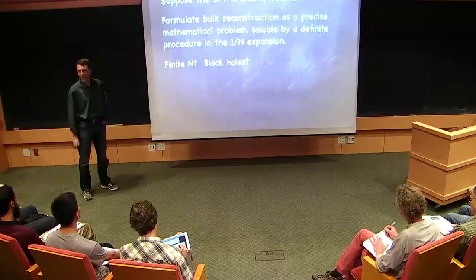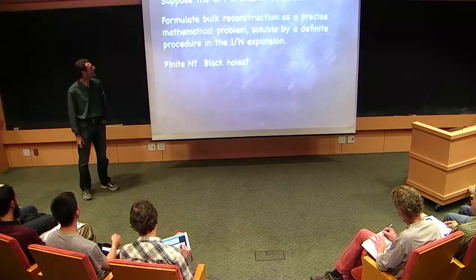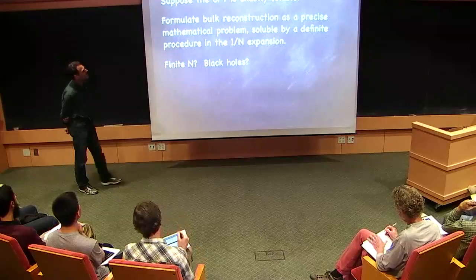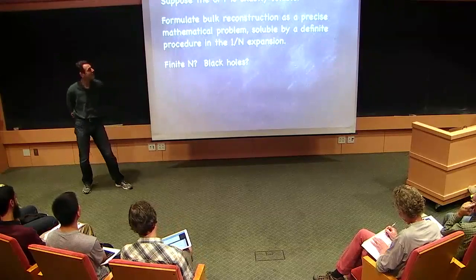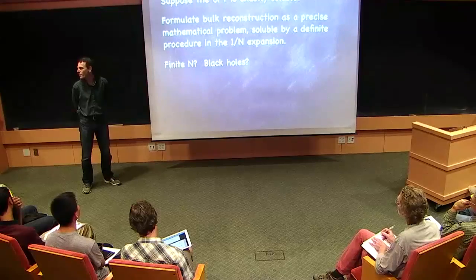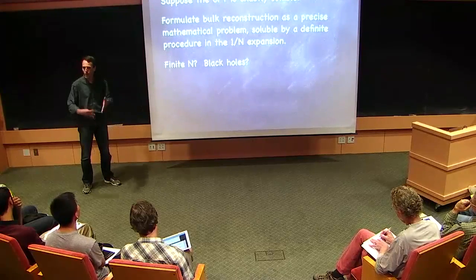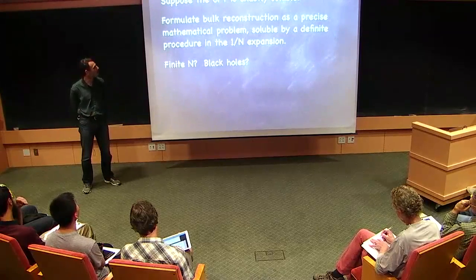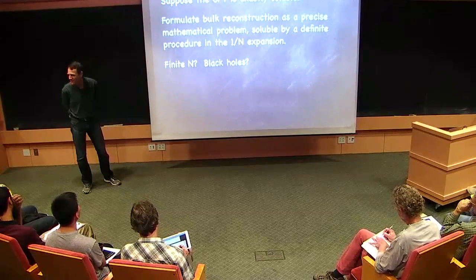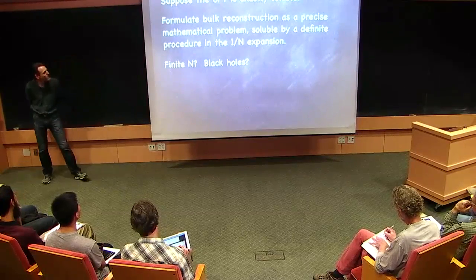I'm going to assume we can solve the CFT exactly. Then what I'd like to do is formulate the problem of reconstructing bulk physics as a precise mathematical problem, a well-defined math problem that you just need to solve. So you don't really need to think. You just have to solve this problem.